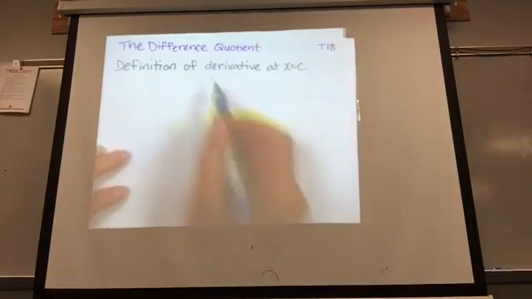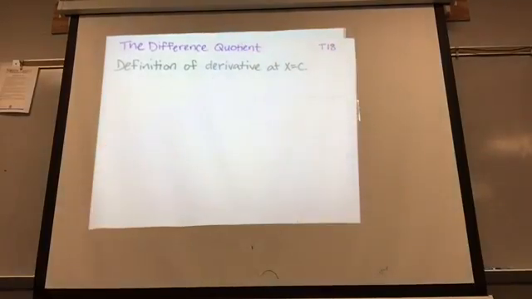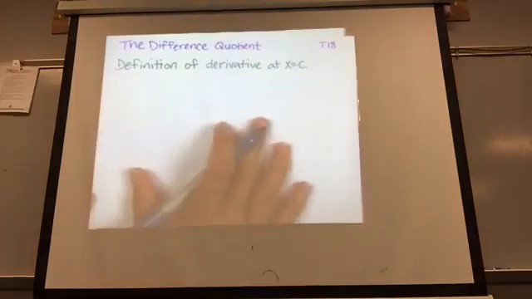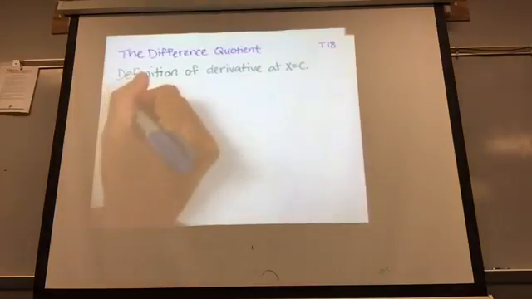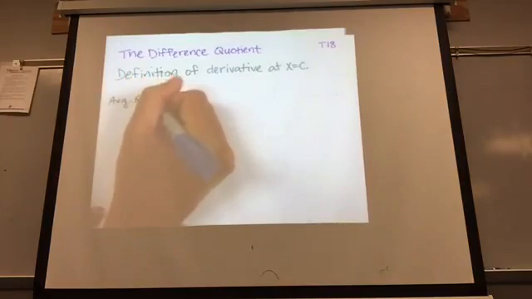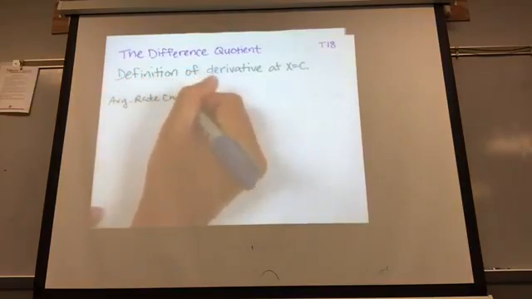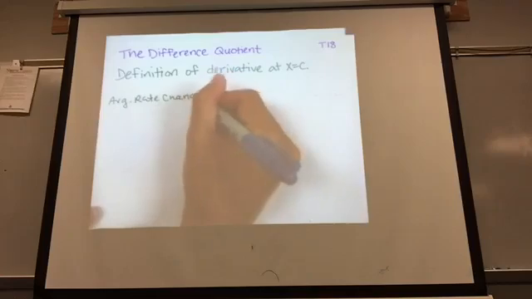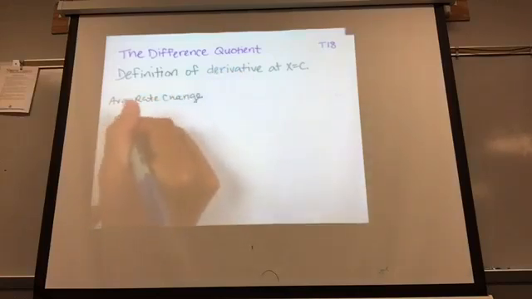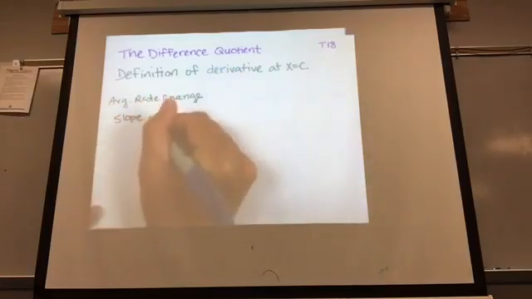And remember, the derivative was just another word for that slope, for instantaneous velocity. So just to review, we can find the average rate of change by using the slope of a secant line.